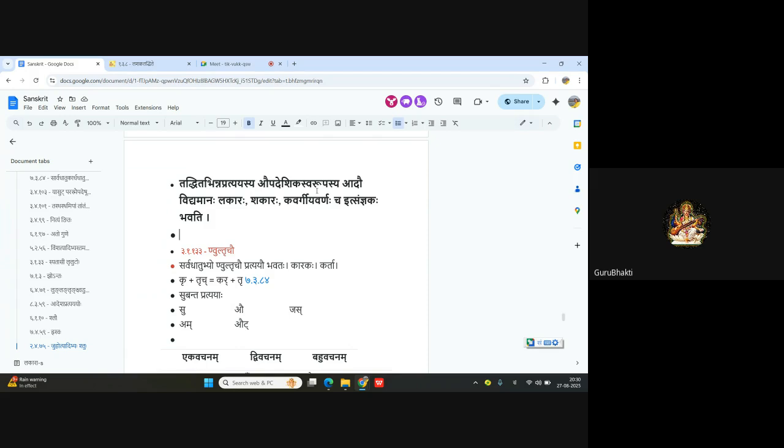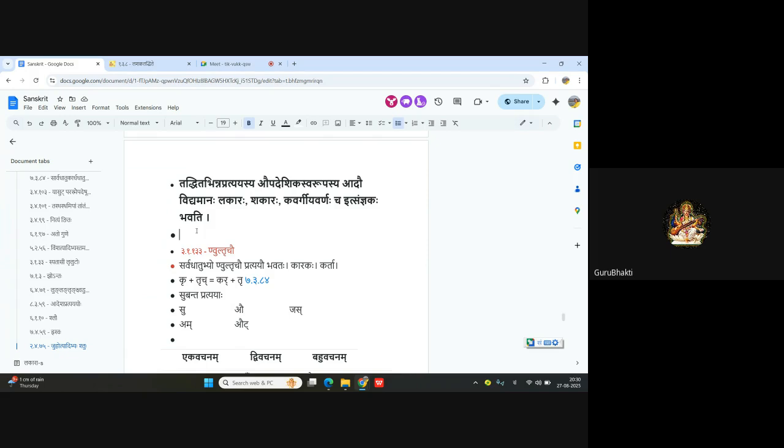So vritti is also called upadesha, sutra is also upadesha, Mahabhashyam is also upadesha. For now we are doing only sutras, so whatever is in the sutra is called upadesha.